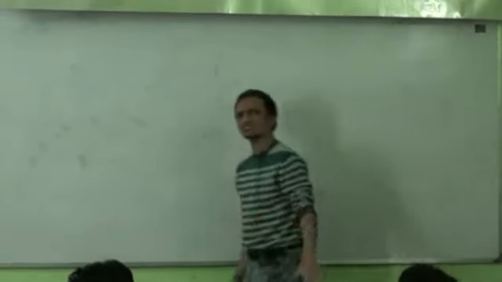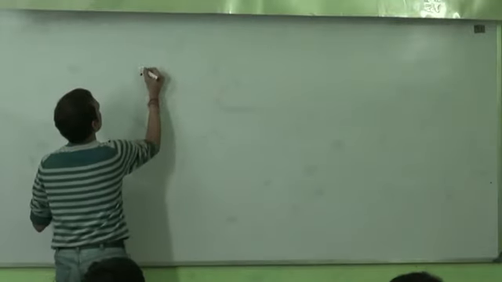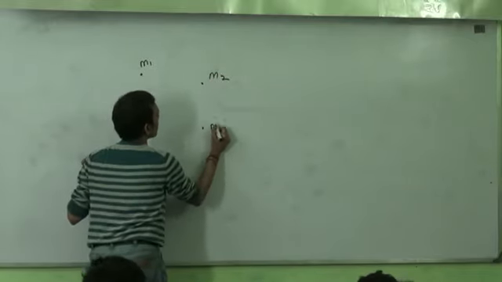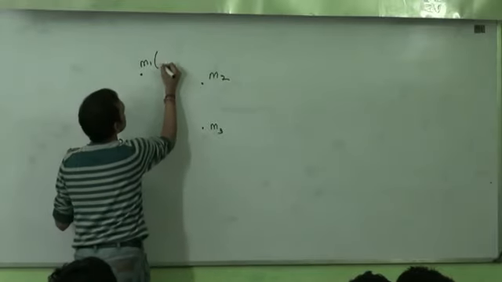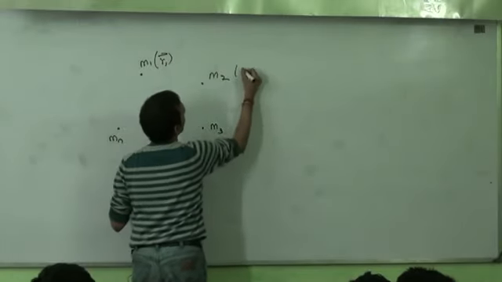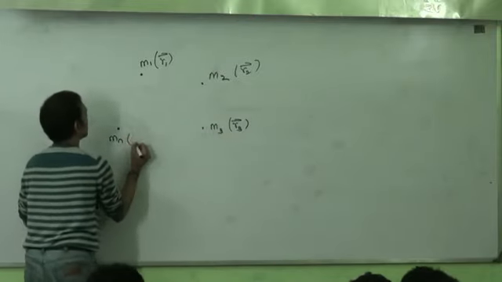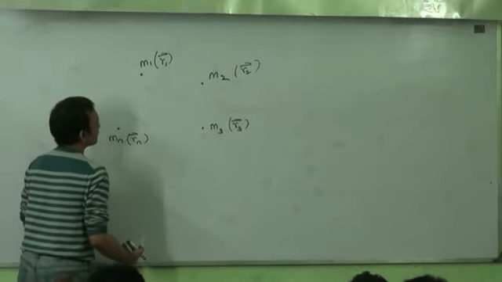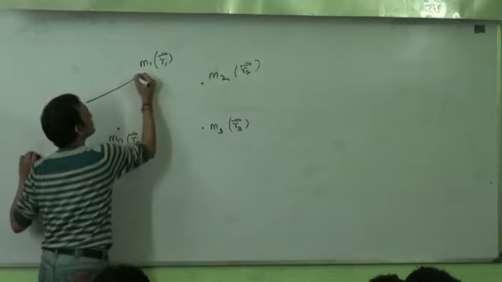Now, if I have a mass distribution, say m1, m2, m3, mn, and these masses are located at r1, r2, r3, rn, then what we have arrived at, and suppose this is the origin O, then this would be the vector r1.